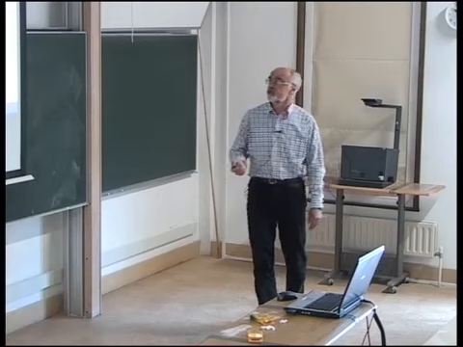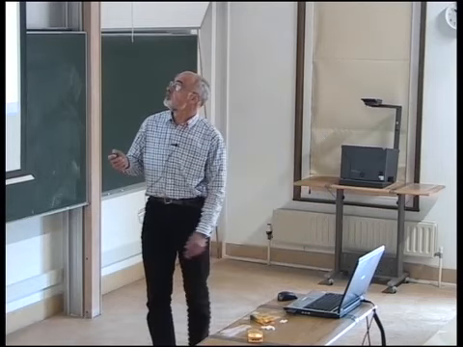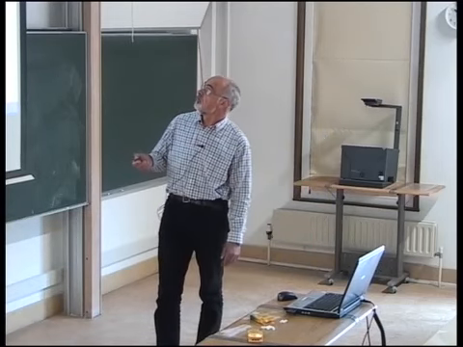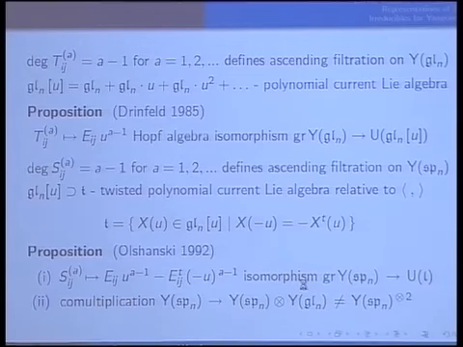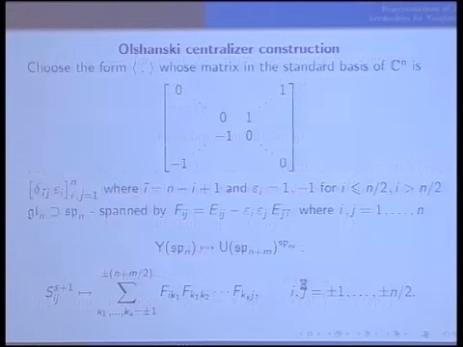This was proved: you can define the filtration, and for the corresponding graded object you prove that this is an isomorphism, for gl_N and for sp_N also. The same construction holds for this twisted Yangian.